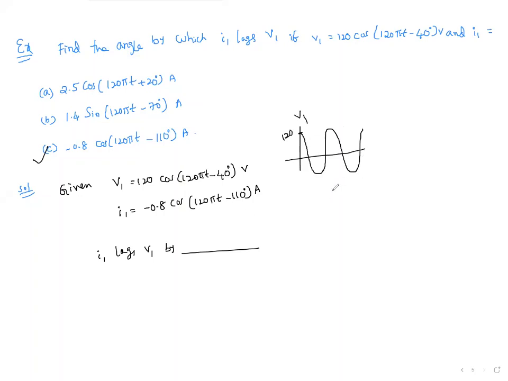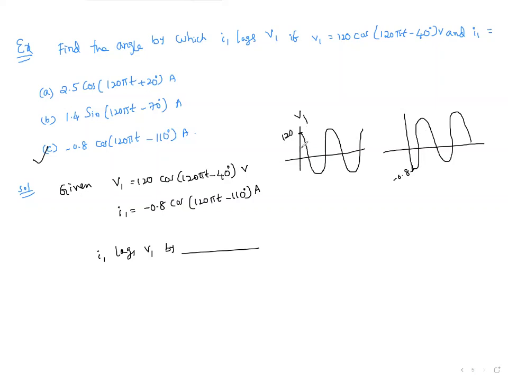How can I write I1? This is minus 0.8. What is happening here? Directly I can't compare.